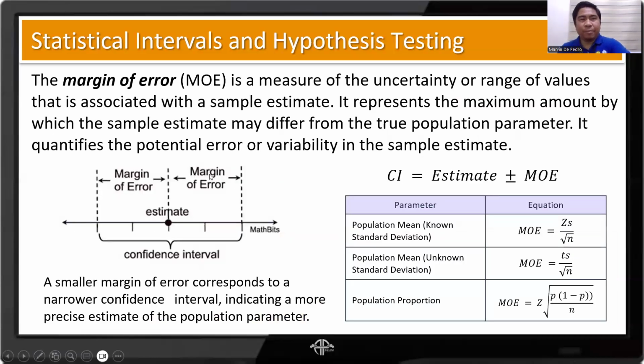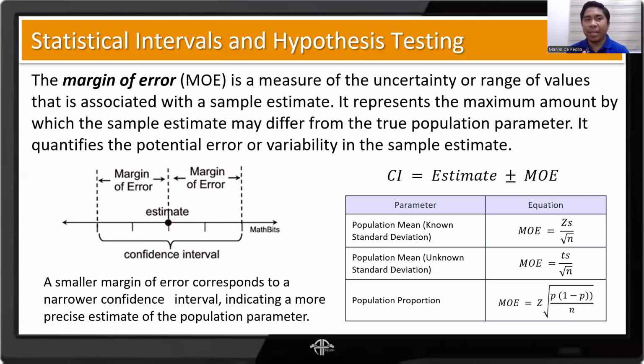One of the things that we use for describing our confidence intervals is the margin of error, or MOE. That's also the letter E that we used in Cochran's sampling formula. The MOE is the measure of the uncertainty or the range of values associated with a sample estimate.